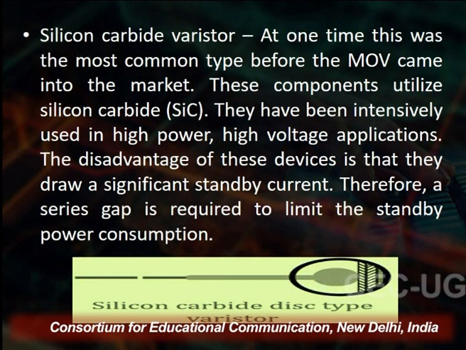But the disadvantage of this type of varistor is that it can draw significant standby current. Therefore, a series gap is required to limit the standby power consumption. So, these are very simple in shape.